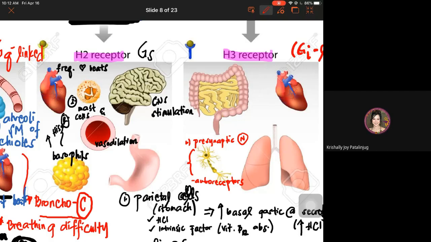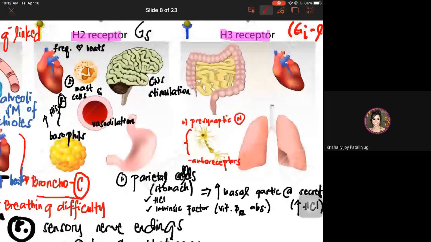So you somehow have an idea of the effect when the H3 receptor, an autoreceptor in the presynapse, is activated. So when the histamine 3 receptor in the presynapse is stimulated, there will be auto-regulation.